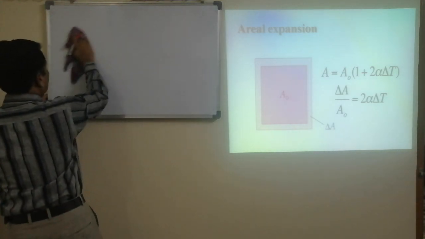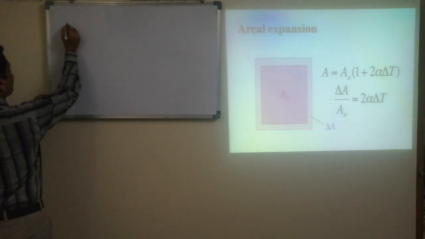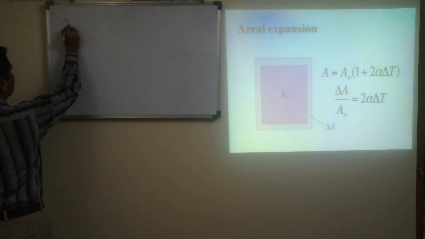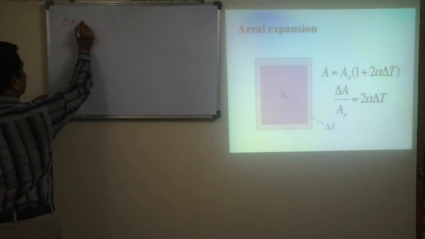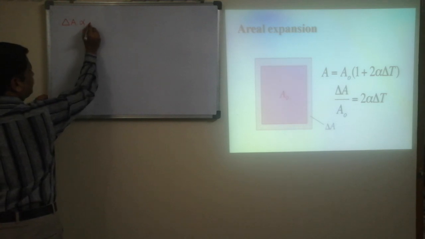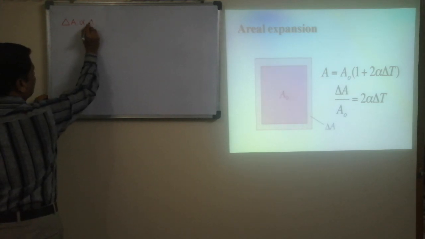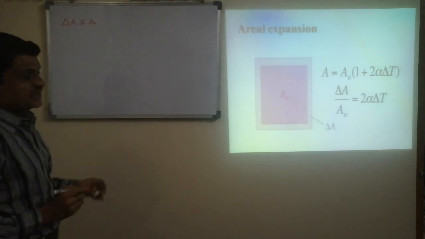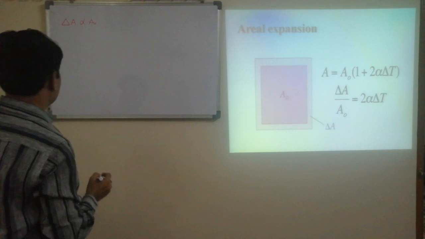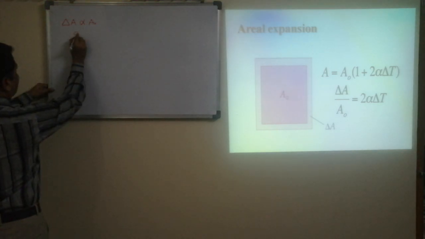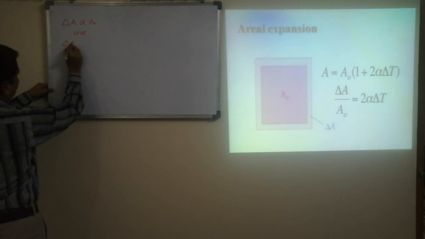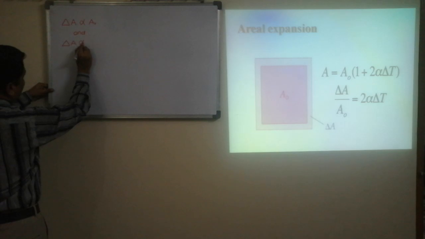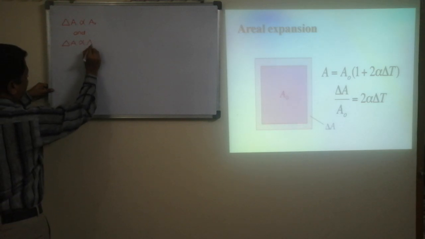So it is found that whenever we provide heat energy to a body, the increase in area is directly proportional to the initial area of the body. Say A naught is the initial area of the body, and the increase in area of the body, delta A, is also proportional to the change in temperature.